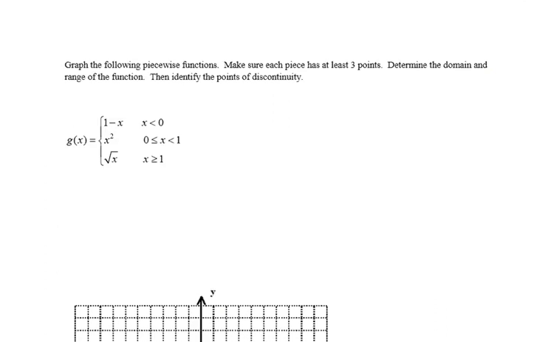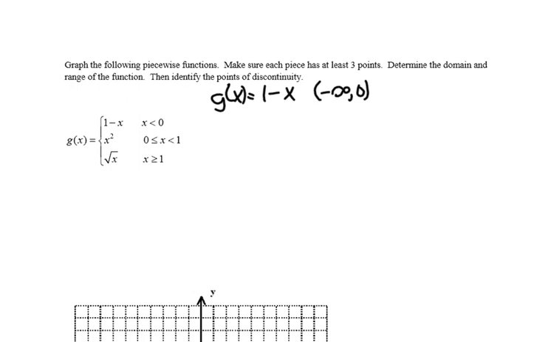Okay, one other one I want to graph. Again, this particular function has 3 different pieces, so let's separate them first. So g of x equal to 1 minus x, now x is less than 0, so that's negative infinity to 0.